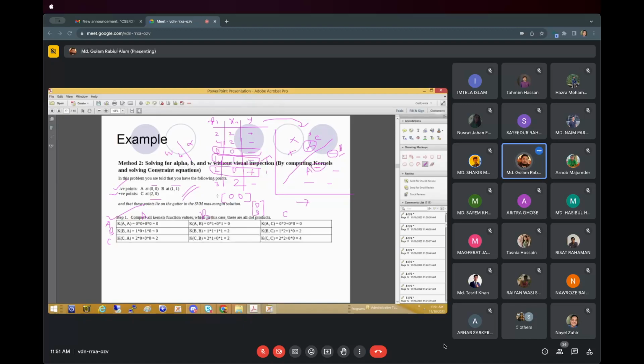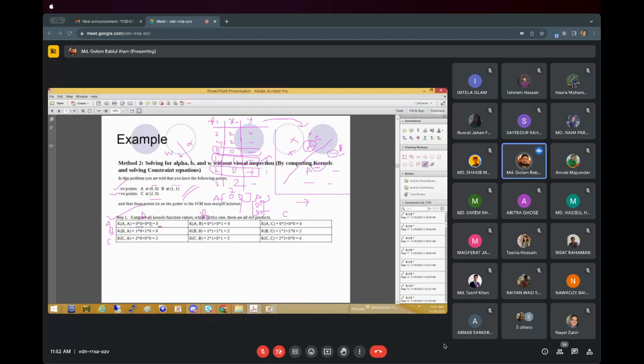So if we multiply these two, then 0 times 0, and this 0 times this is also 0, 0 times 0. So 0 times 0 plus 0 times 0, it will be 0.